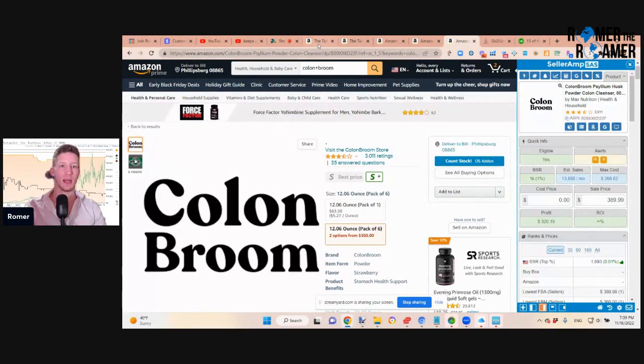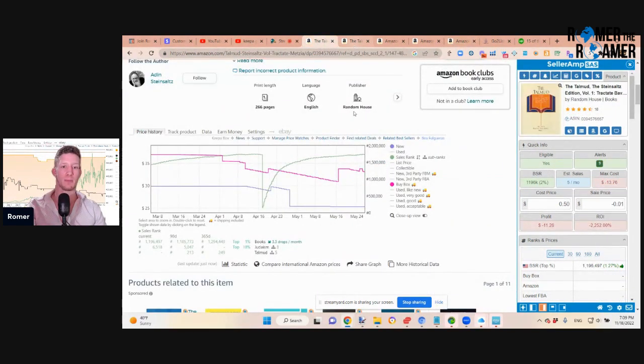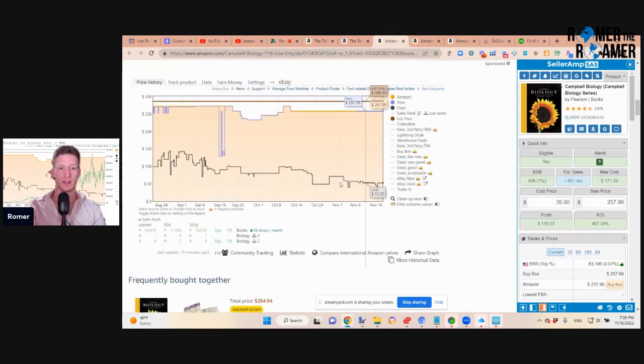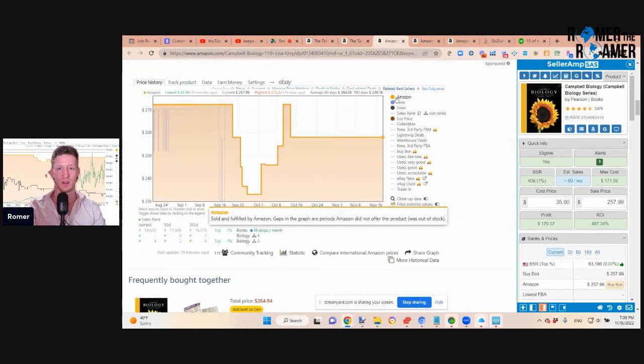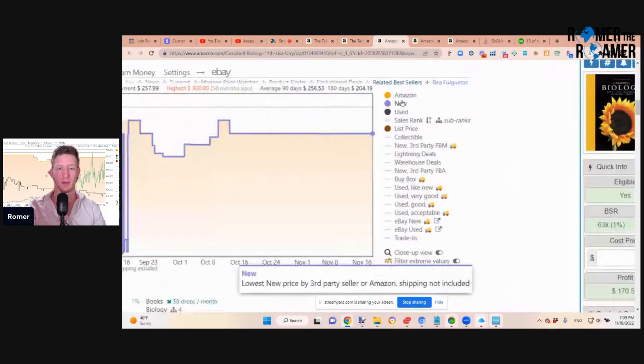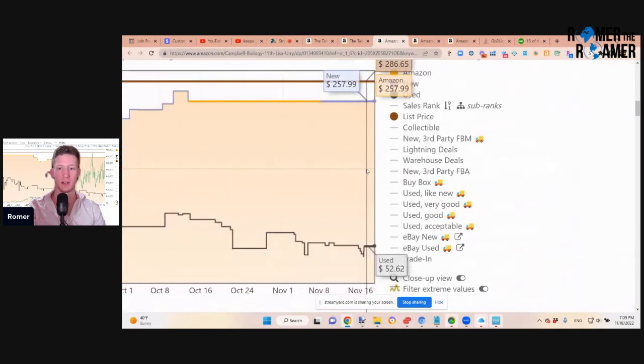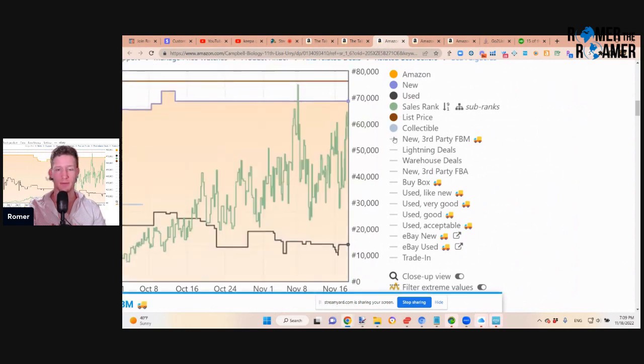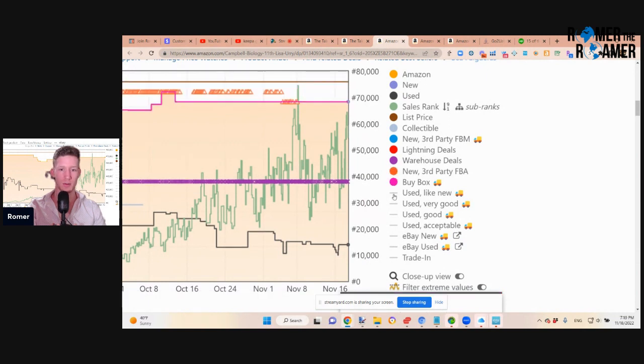Also, real quick, I forgot to mention on the price section, there is one more price that you guys should monitor, and it's Amazon's price. So you can also select Amazon on Keepa. All of these on the side on Keepa, you can select and deselect to have different metrics show. If you want to give yourself high blood pressure, go ahead and select all of these, and you're just going to overwhelm yourself.